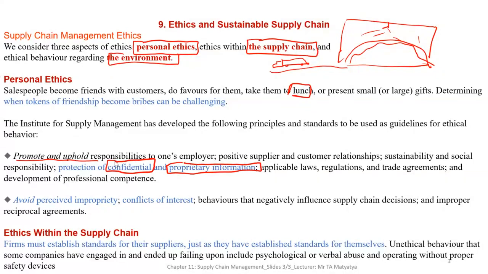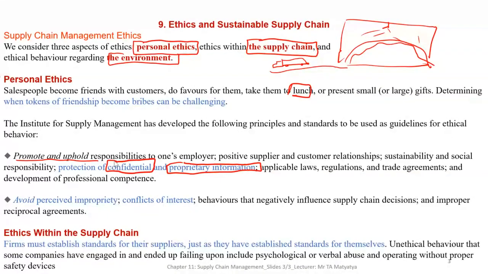Proprietary, on the other hand, is company-based, basically stealing their designs and selling them to their competitors. Selling company designs, prototypes, concepts, ideas, and so on. Applicable laws, regulations, and trade agreements, and development of professional competence.